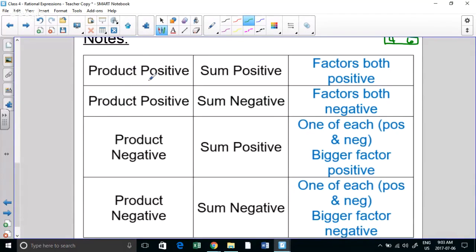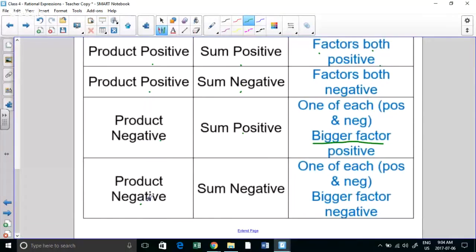If your product is positive and your sum is positive, both of your factors are going to be positive. If your product is positive and your sum is negative, both factors are going to be negative. If your product is negative but your sum is positive, one of each. One's going to be positive, one's going to be negative, and the bigger number is going to be positive.